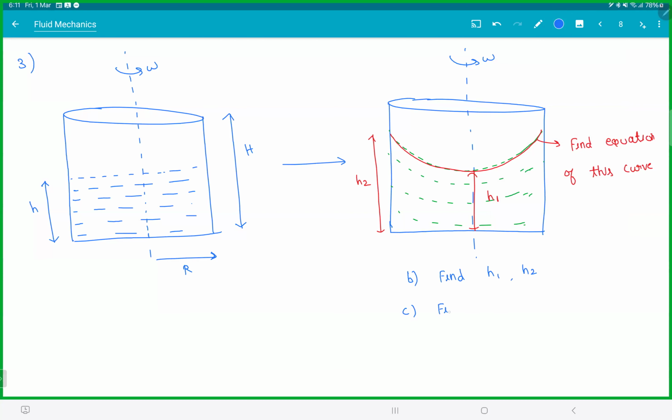Third, find the condition if liquid overflows or liquid spills out. Find the condition if the bottom of the container is exposed to atmosphere. Means you're rotating so fast, the bottom will get exposed.